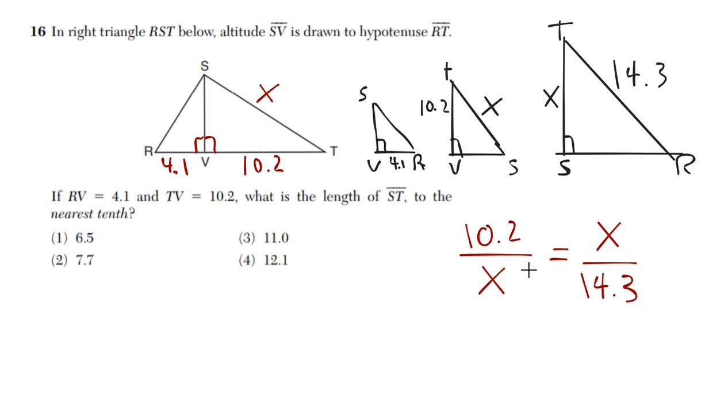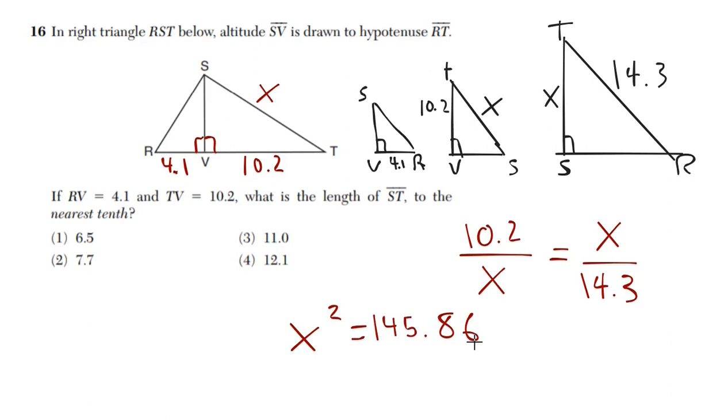So now we go ahead and cross multiply. I don't know what that is because I haven't done it yet, so let's figure out what that is. 14.3 times 10.2, we get 145.86. So if I cross multiply, I get x squared equals 145.86.